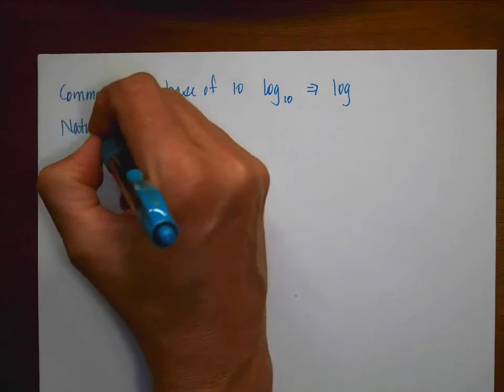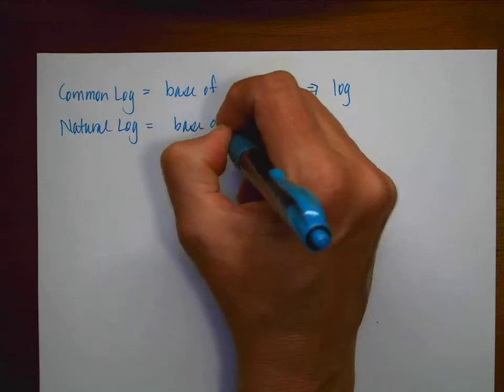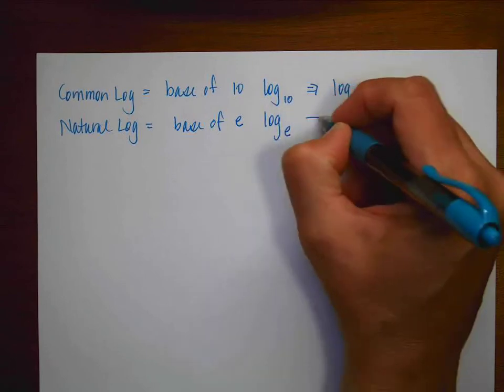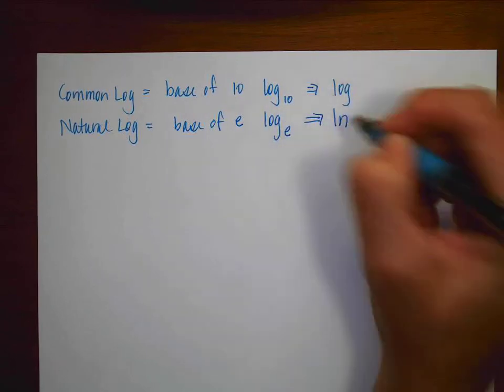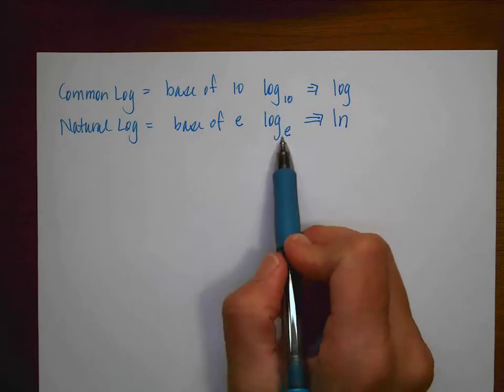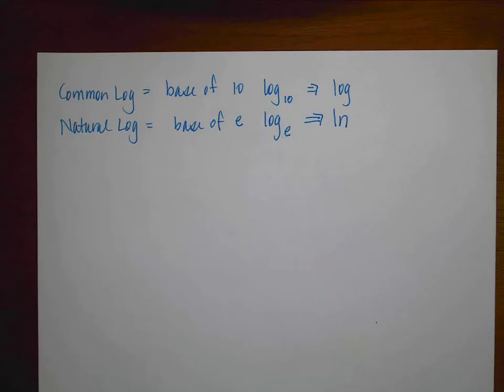The natural log is a base of e, and so instead of writing a log base e, we write this as a natural log. Both will give you a value for an equation, and it often doesn't matter which you use, but you need to be careful when you're switching forms which base is given.